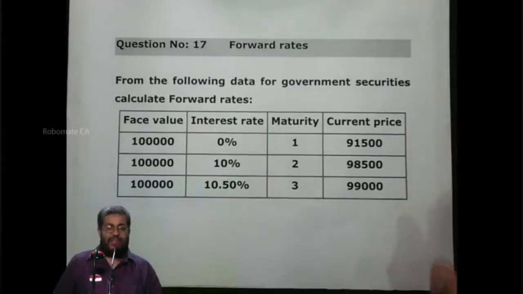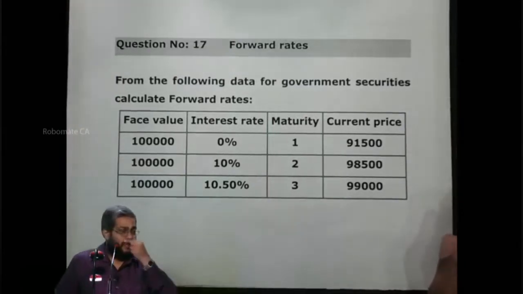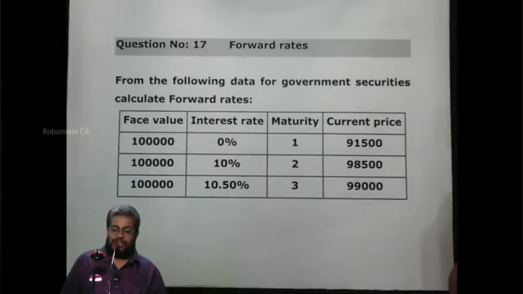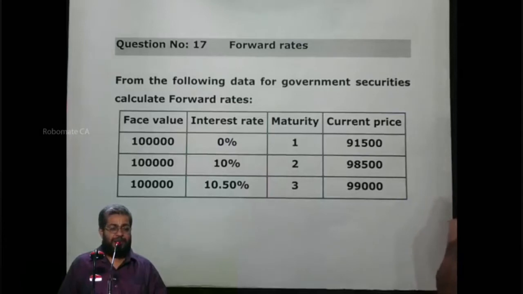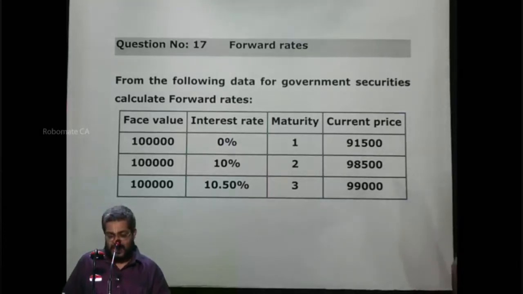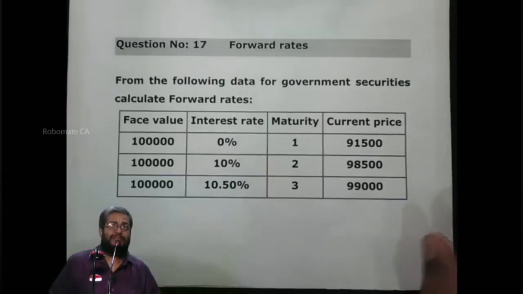We saw in that problem there are three bonds: a 1-year bond, a 2-year bond, and a 3-year bond. The common thing is that the three bonds are not of different entities. They belong to the same issuer, namely the Government of India bonds.